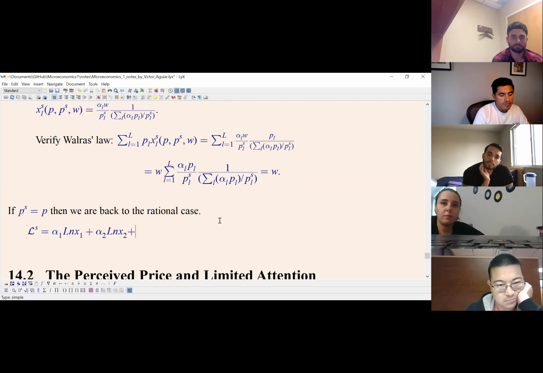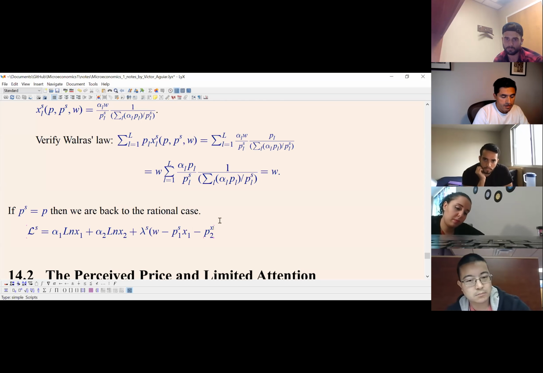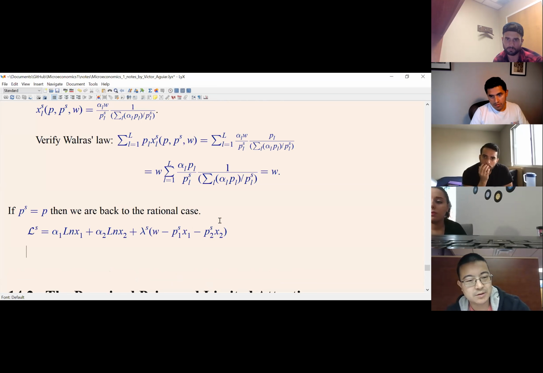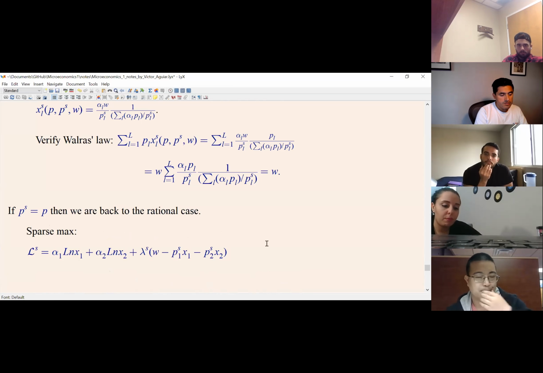And then here I put the fake Lagrangian and have income here, P1 fake x1 minus P2 fake x2, okay? So this is the original utility maximization problem? No, this is the first step of the Sparse Max. So we're doing Sparse Max.